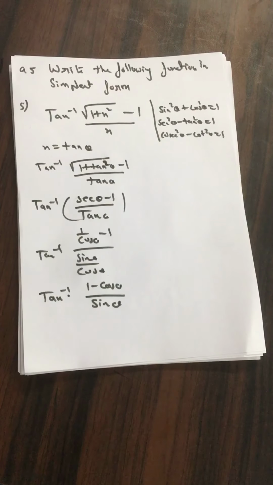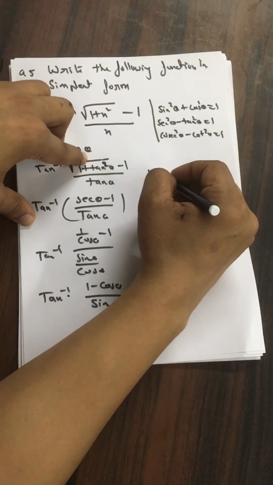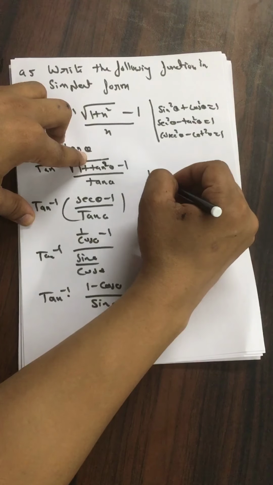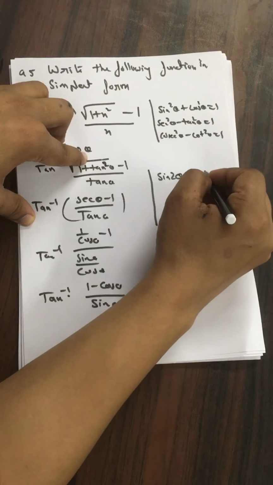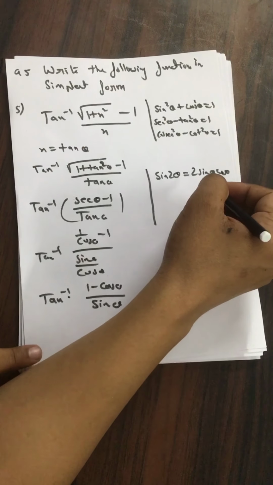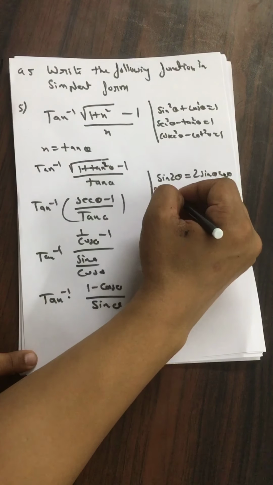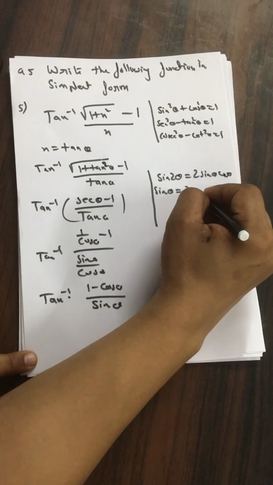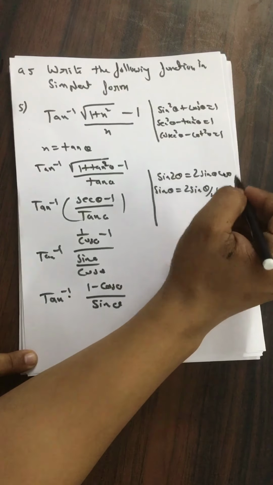Now, do you remember, just now in the beginning of the video I told you, for sine 2 theta we have the formula 2 sine theta cos theta. In the same way, for sine theta, we will have the formula 2 sine theta by 2 cos theta by 2.